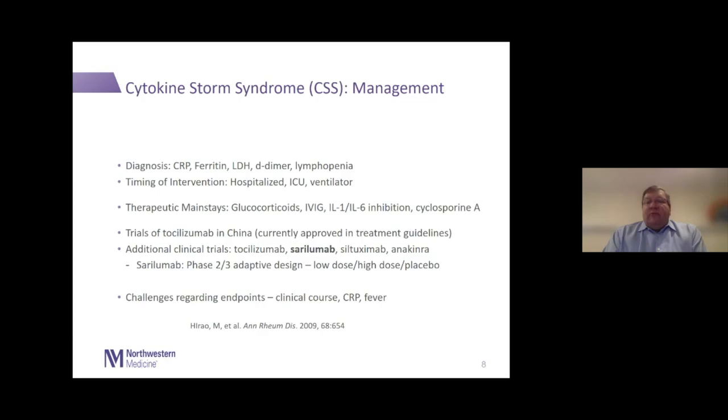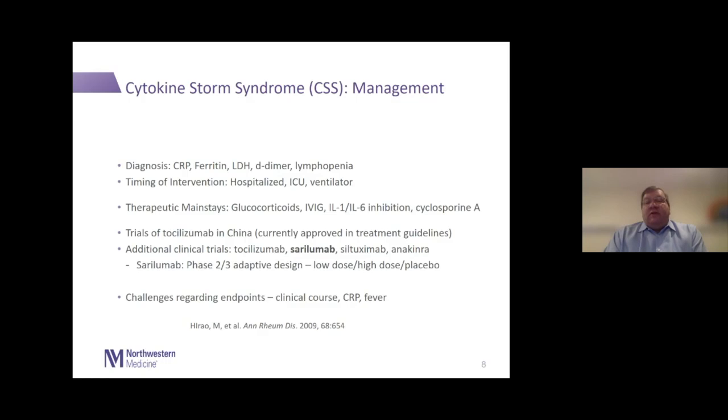The other issue in terms of management is trying to figure out if you want to address this particular syndrome. In other words, if you want to try to intervene to prevent some of the late stage and more serious complications of infection, when is the appropriate timing of intervention? And like so much with this disease, we're still learning on the fly.